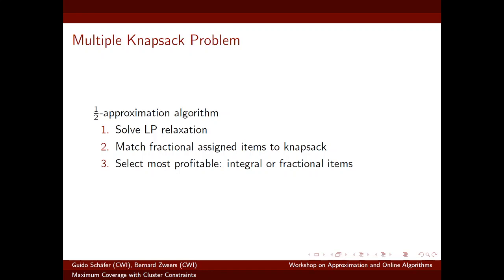Then we have two integral solutions, namely the original integral solution and the one consisting of the fractional items. If you select the more profitable of these two, you have a half approximation. That's a well-known algorithm, but the idea is crucial for understanding what we will develop now.